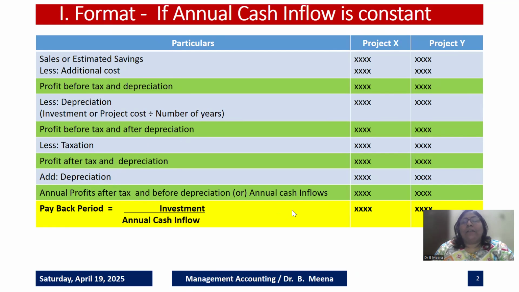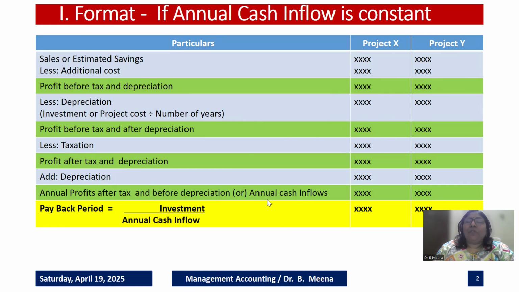Once you calculate the annual cash inflow, you will be able to calculate the payback period by using the formula: investment divided by annual cash inflow. We can make use of this formula when annual cash inflow is constant. So, my dear viewers, you can use this format to calculate the annual cash inflows, which are otherwise called annual profits after tax and before depreciation.